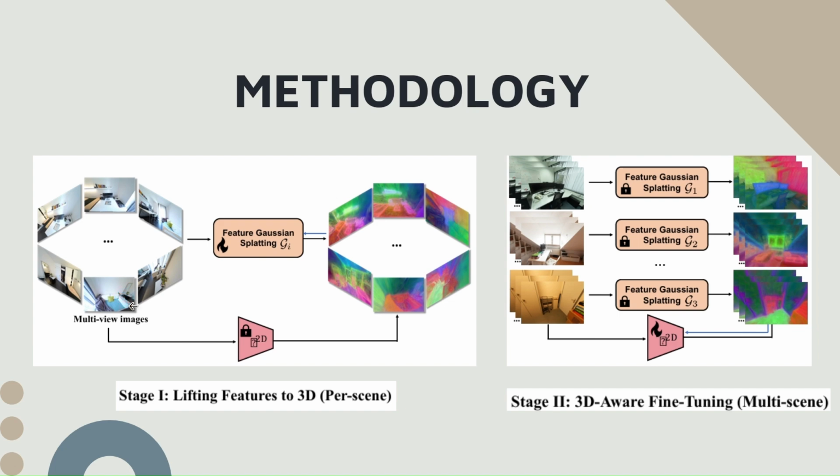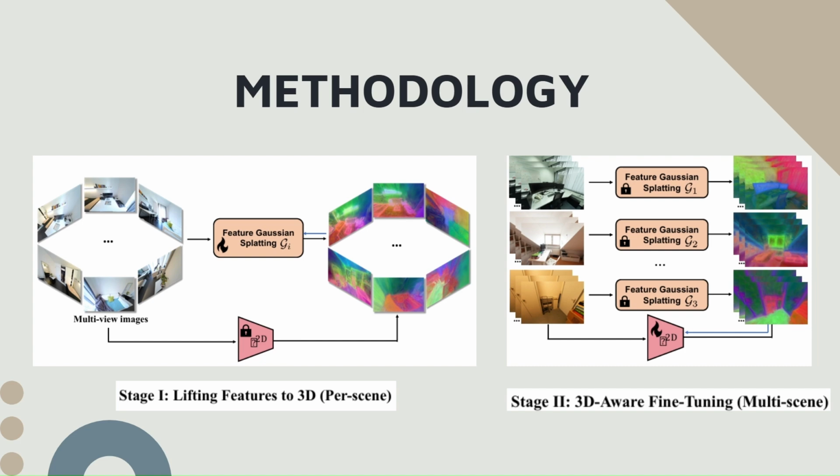The extracted 2D features are aggregated using a differentiable renderer, namely Gaussian splatting, to generate a sparse 3D point cloud of feature Gaussians, denoted by G. These Gaussians serve as the scene's compact feature representation in 3D space. An important component is the lightweight decoder that converts each low-dimensional Gaussian feature into the full-dimensional space needed to match the original 2D features.